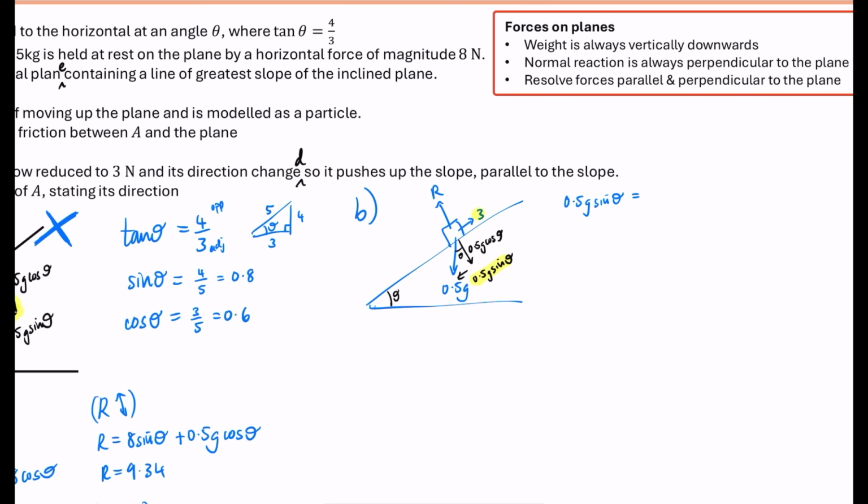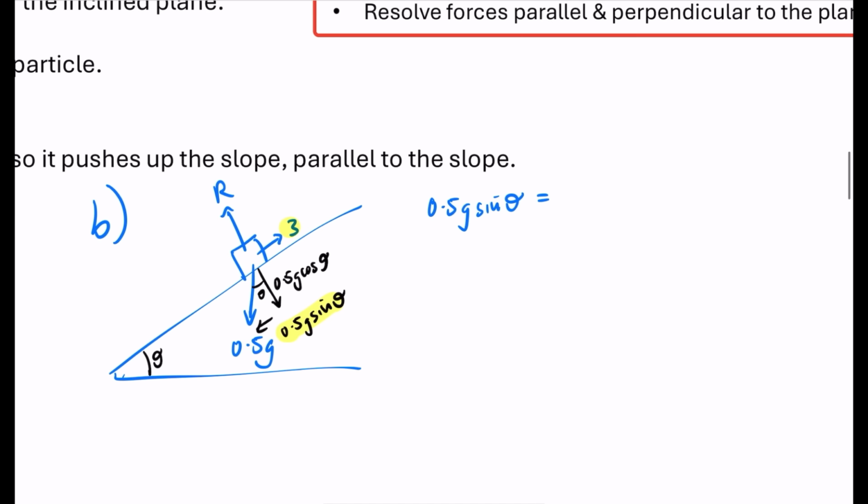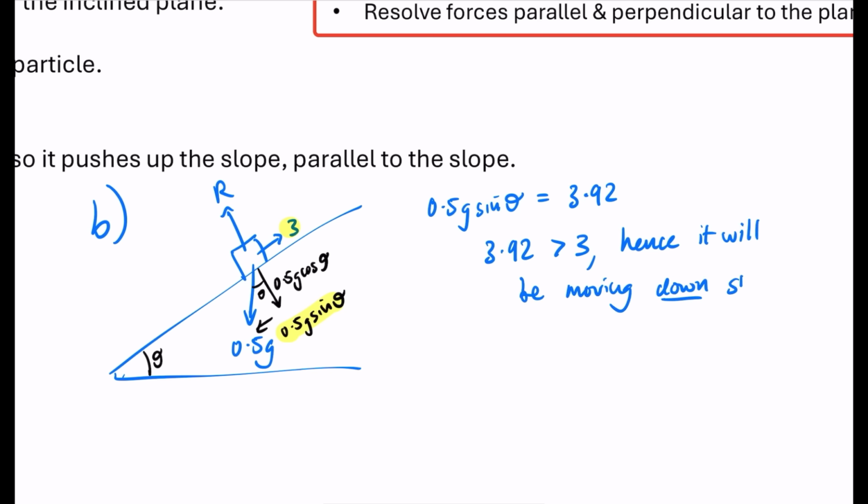So it's 0.5 times 9.8 times 0.8. We get that it is 3.92. So 3.92 is greater than 3. Hence, it will be moving down the slope. So friction is going to be going up the slope.